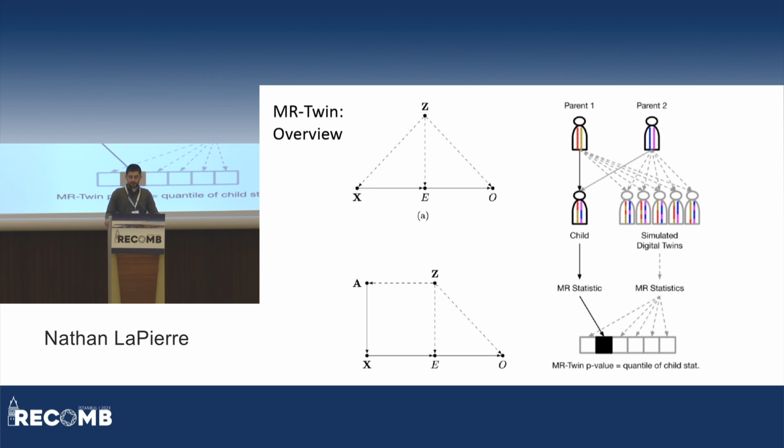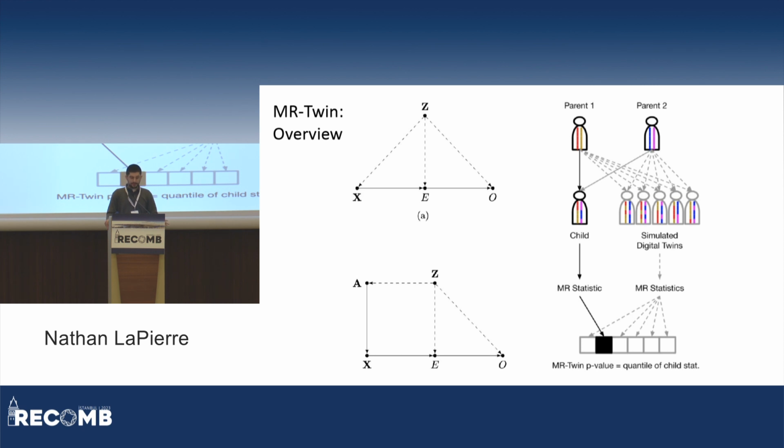What we do is we simulate so-called digital twins from these parents. We have the parental genotypes, so you can imagine we can simulate meiosis and recombination and generate different mosaics of the parental genotypes. Then we can compute a statistic, which I'll overview later, for both the true offspring and for each of these digital twins.